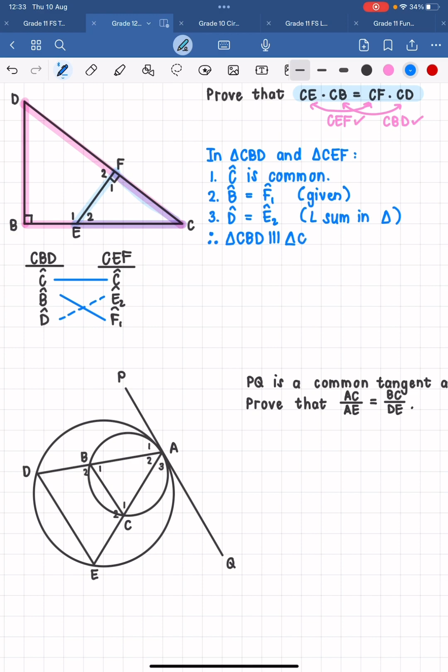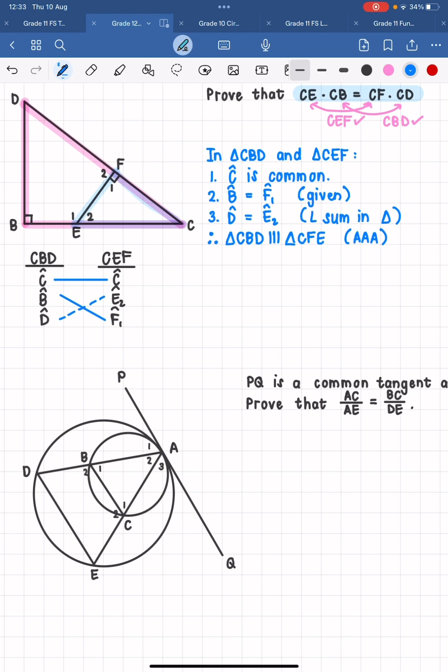Then I wrote B next, but B is equal to angle F1. So F must go next. And then D was equal to E, so CFE. And the reason, angle, angle, angle. Okay, so now we have that those triangles are similar.